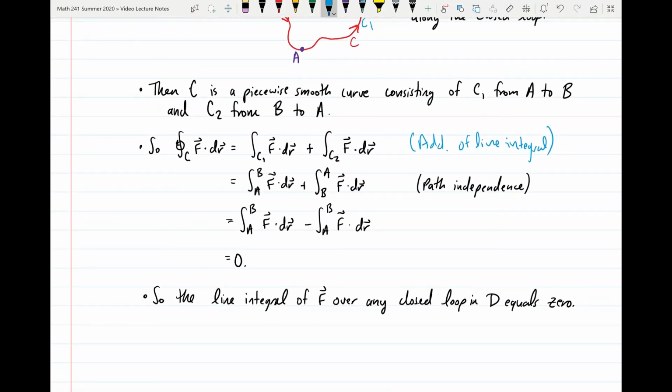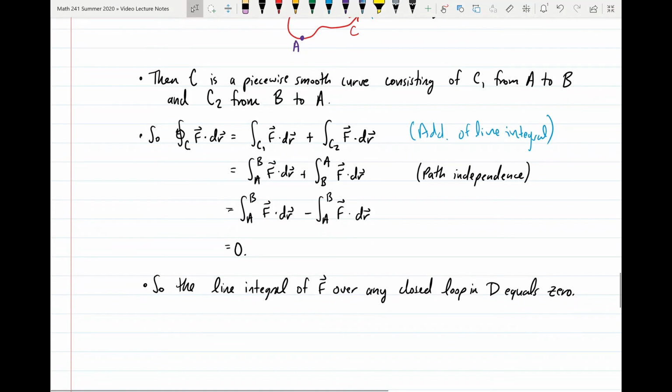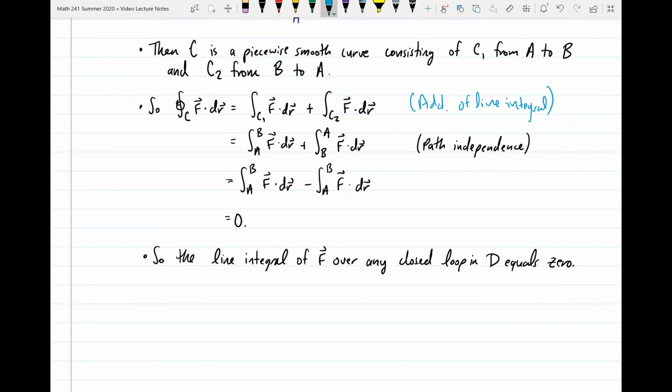But this integral from B to A of f is equal to negative the integral from A to B of f. And now we have the integral of f from A to B minus the integral of f from A to B, which is of course equal to 0.